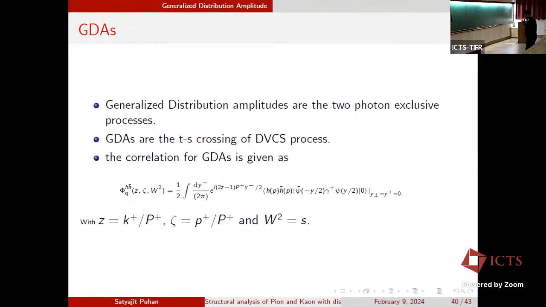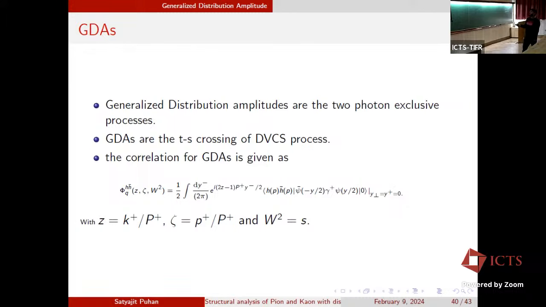Okay, another interesting distribution function anyone can study is the generalized distribution amplitude. That means the gamma star goes to a two-pion process or two-hadron process. Like it can go to pi minus pi plus or pi naught pi naught. Okay, GDA is the crossing of the DVCS process, and the correlation of the GDA is given by this.